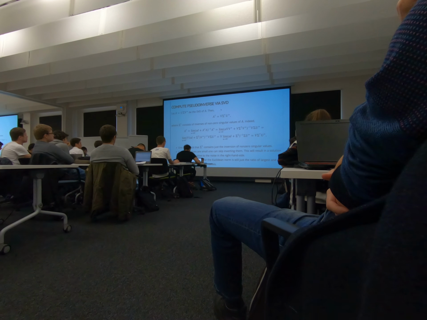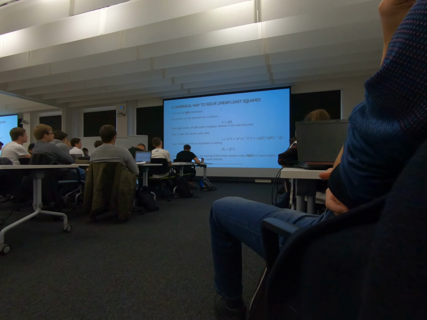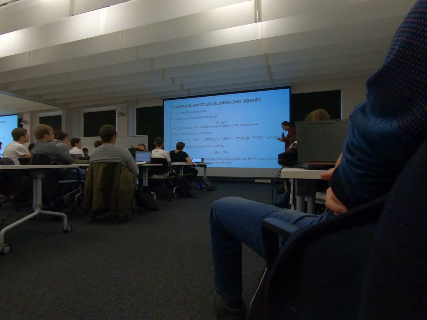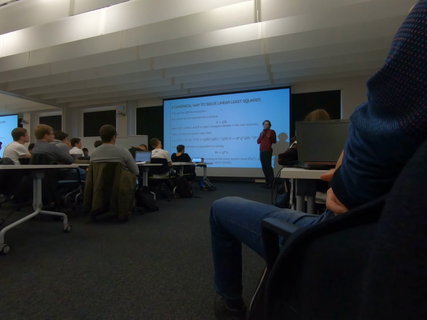So the pseudo-inverse is used for solving inverse problems. But the canonical way is much simpler than computing the pseudo-inverse. Pseudo-inverse is good for inverse problems when you have really ill-conditioned systems and you basically regularize small singular values.